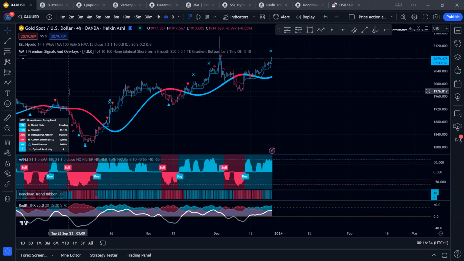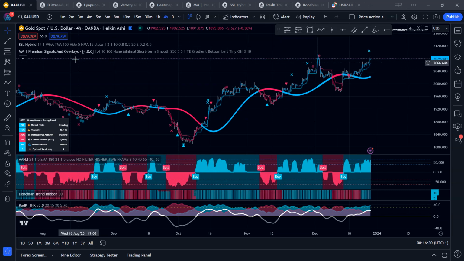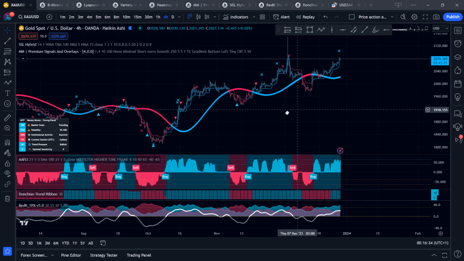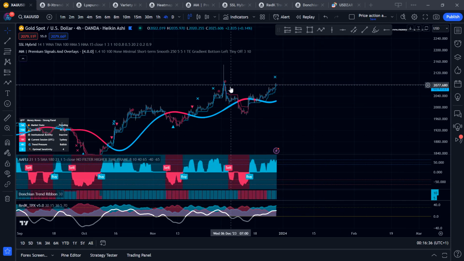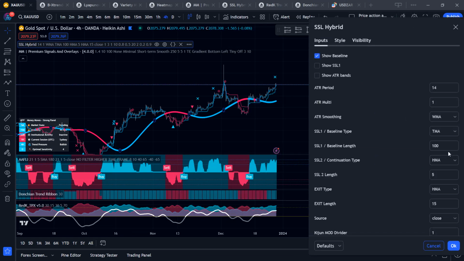Before we do move on, I want to show the swing trading approach for the SSL hybrid. So let's go to 4 hours here. We're on the 4 hour right now. So let's go to settings, inputs. For scalping, it's either 50 or 100.